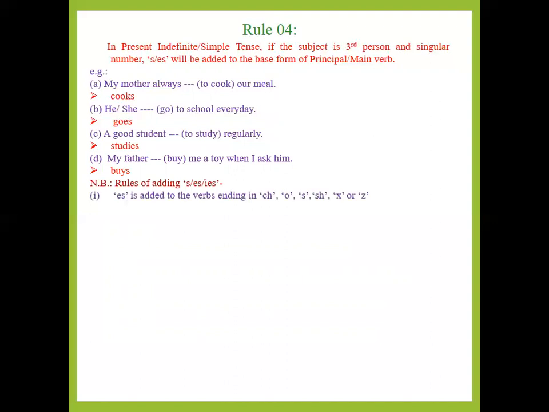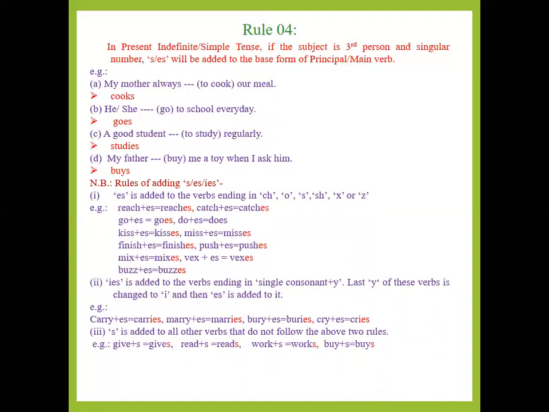Es is added to verbs ending in ch, o, s, sh, x or z. For example, reach, reaches, catch, catches, go, goes, do, does, kiss, kisses, miss, misses, finish, finishes, push, pushes, mix, mixes, vex, vexes, buzz, buzzes, etc.